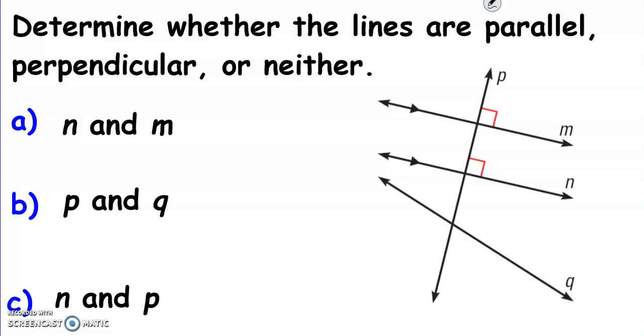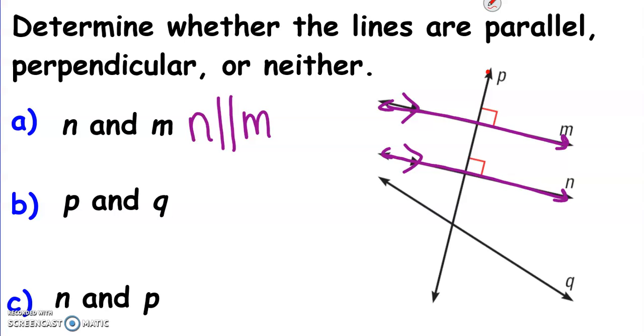Determine whether the lines are parallel, perpendicular, or neither. So we have line N and line M, which have these arrows on them. That means that N is parallel to line M. They're never going to intersect each other. Then we have line P and line Q, which intersect, so we know they're not parallel, but there's no 90-degree angle marked there.